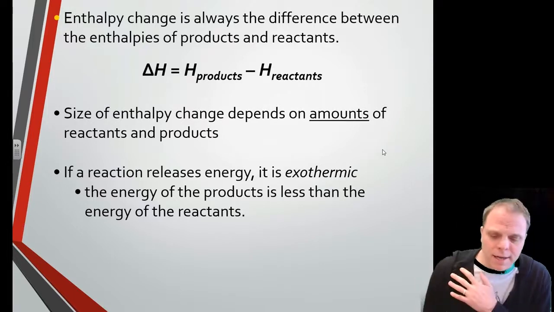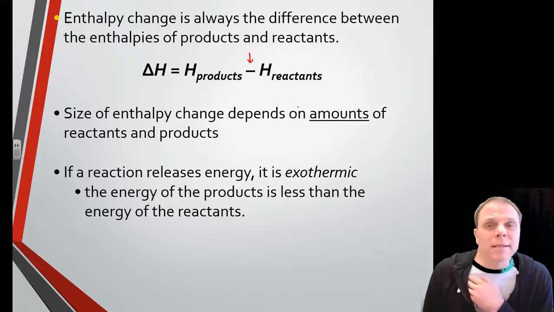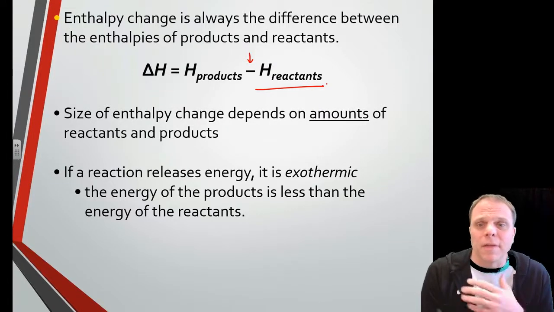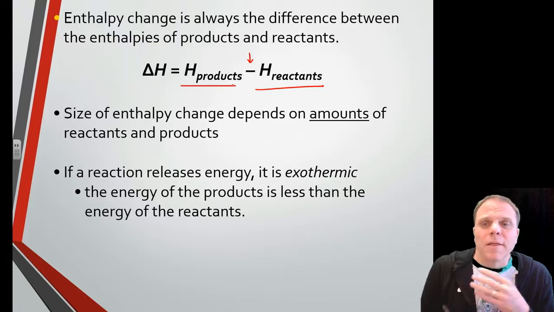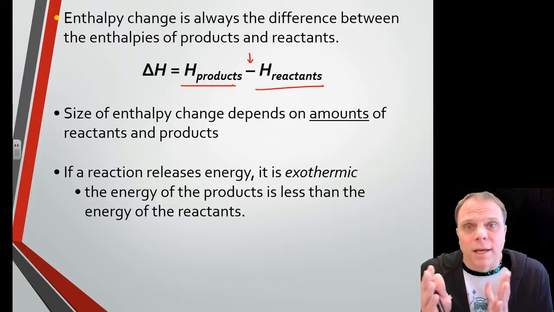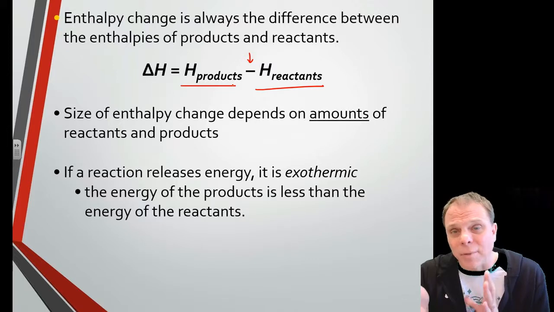So that sign here is important to pay attention to, because basically this sign means that if the reactants overall have more potential energy stored in them than the products do, then the enthalpy is going to be negative, because of that sign. You can have more energy in the reactants than the products.